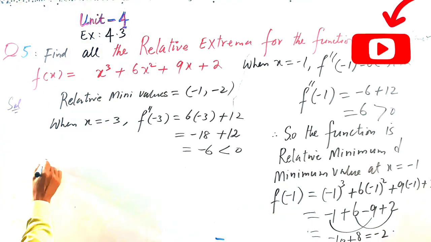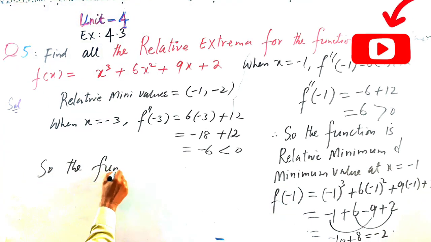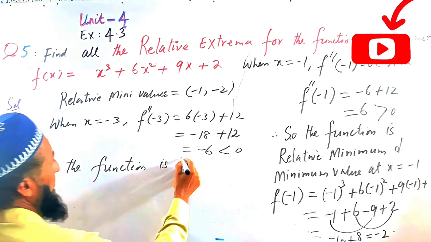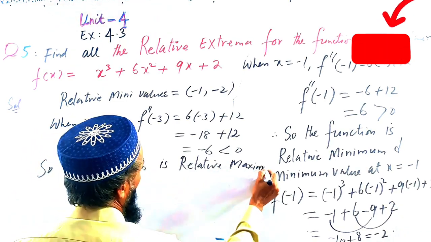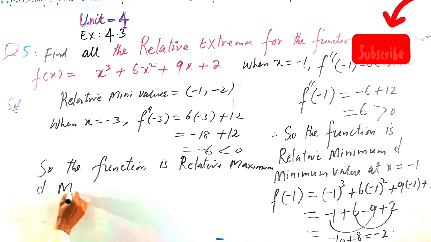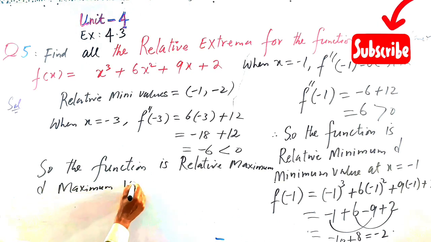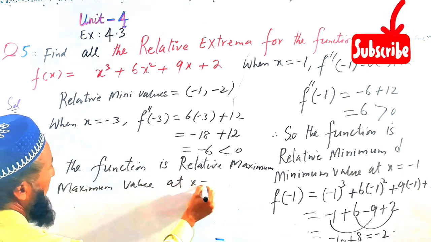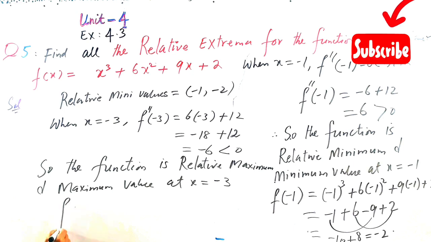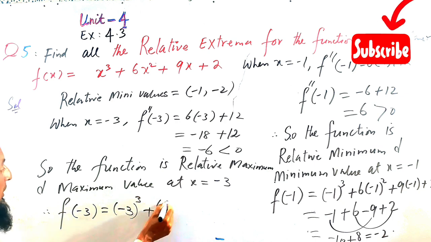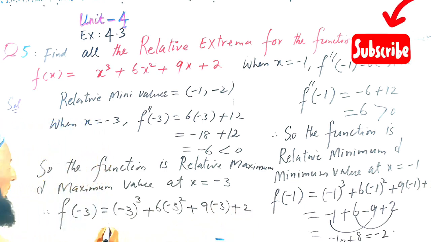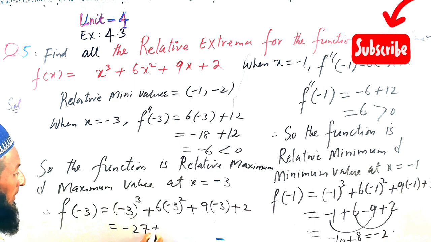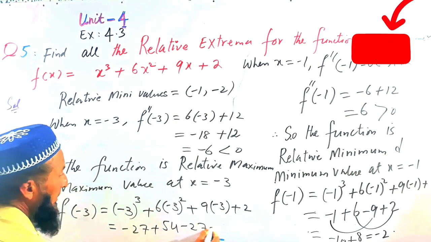So the function has a relative maximum, and the maximum value at x equal to minus 3: f of minus 3 is equal to minus 3 whole cube plus 6 into minus 3 square plus 9 into minus 3 plus 2, which is minus 27 plus 54 minus 27 plus 2.